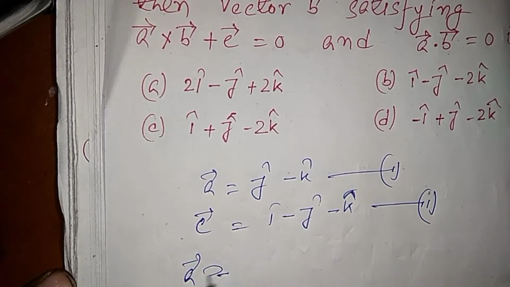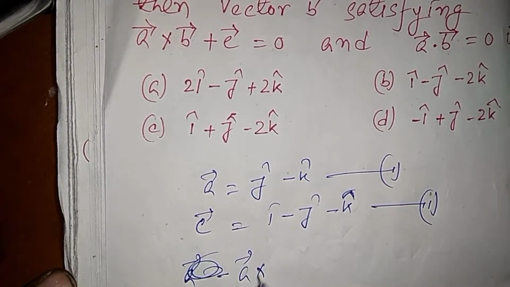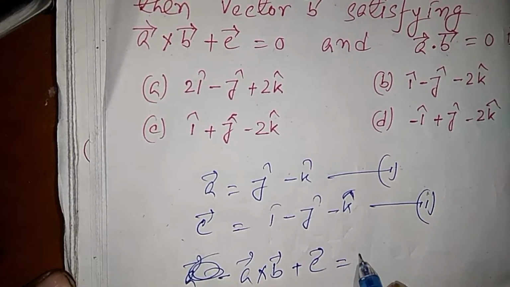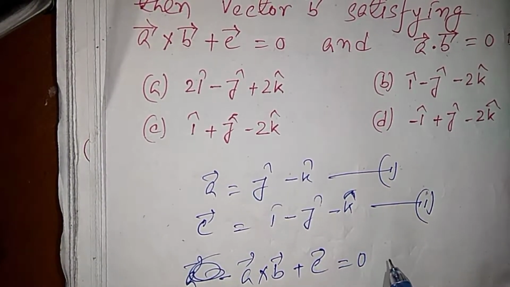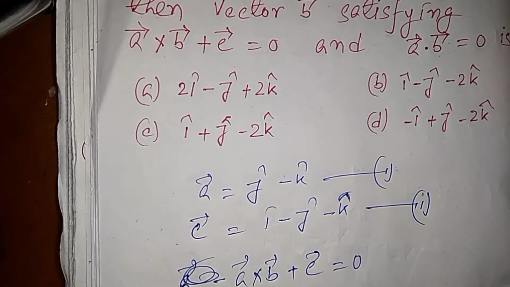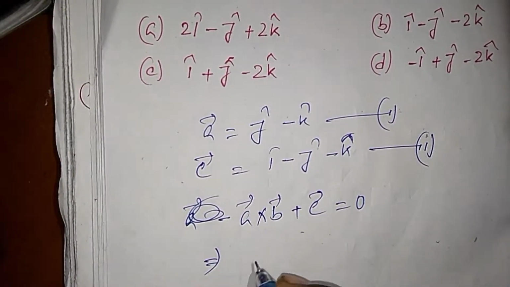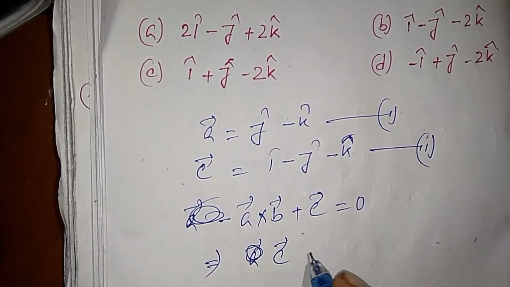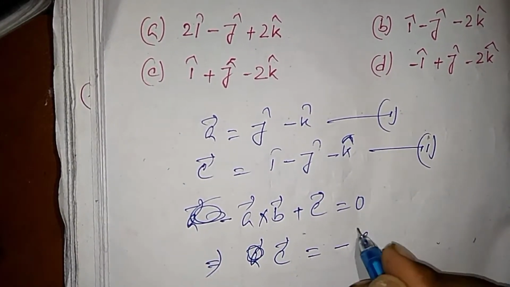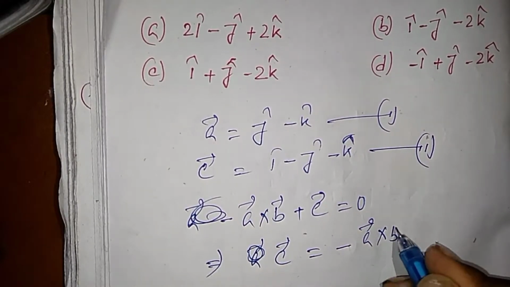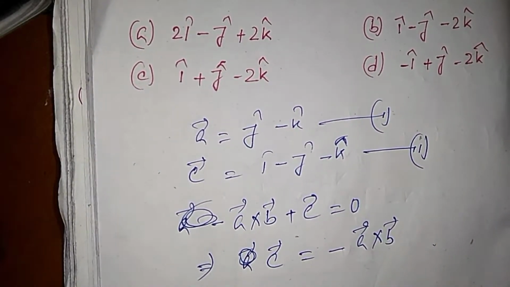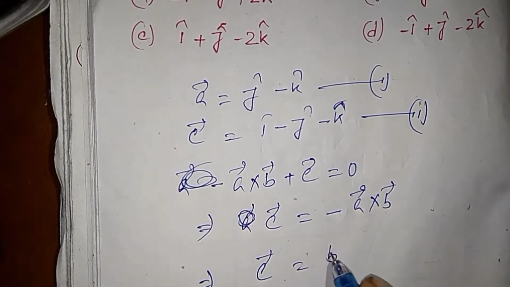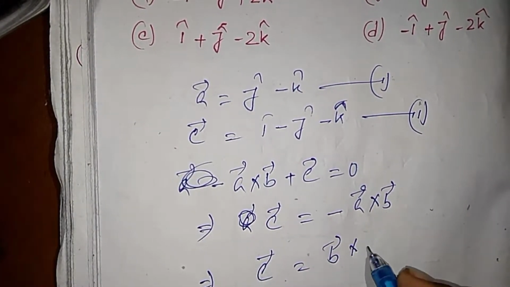A cross B plus vector C equals 0, which implies that vector C equals minus A cross B, implies that we can write vector C equals B vector cross A.